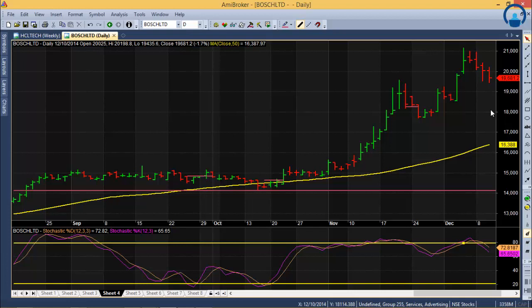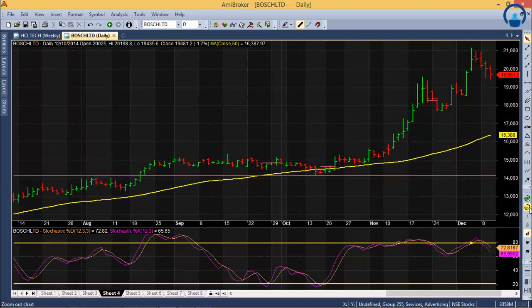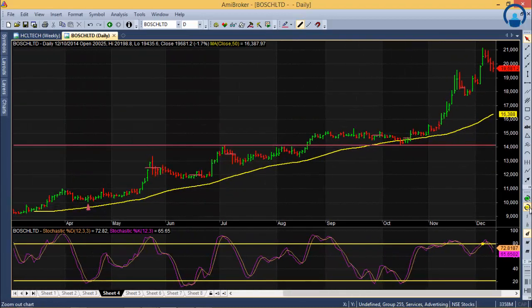So you can see the 50-period moving average can work as a very good trade filter to find the overall direction of the market, and you can use stochastic to trade into the market. This is a very simple trading system where all we wish to do is trade in the direction of the 50-period moving average. Buy when stochastic reaches the oversold zone and sell when stochastic reaches the overbought zone.